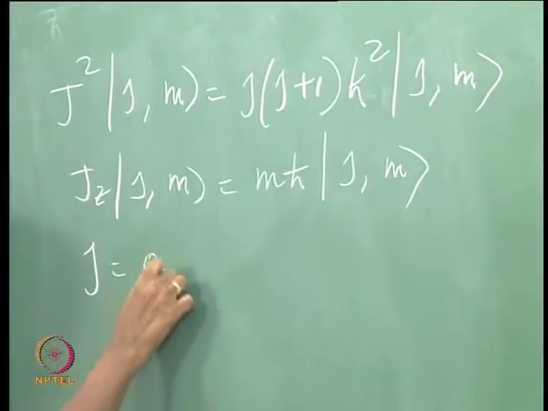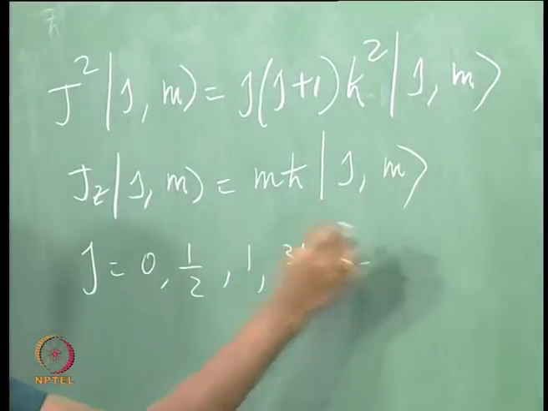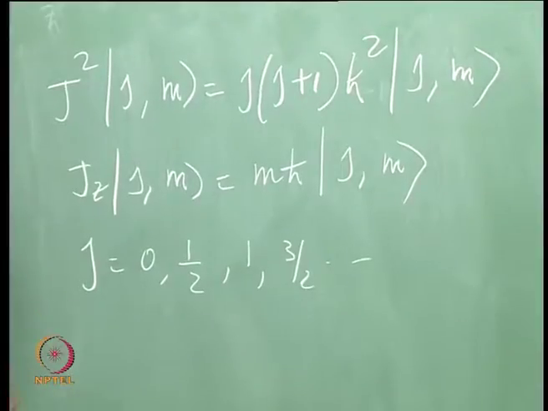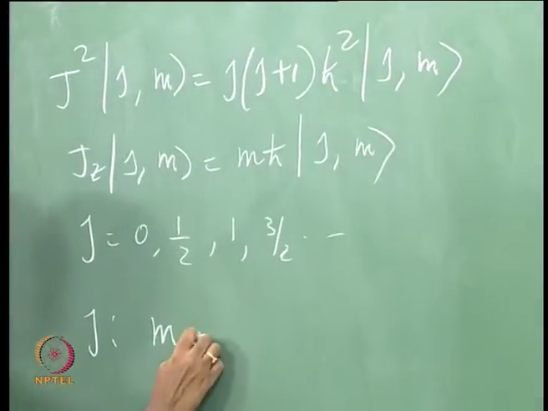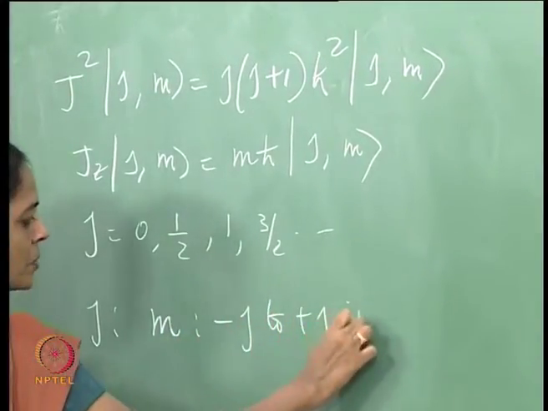J takes values 0, half, 1, 3 by 2, and so on. It takes integer or half integer values. For a given value of j, m takes values minus j to plus j in steps of 1.